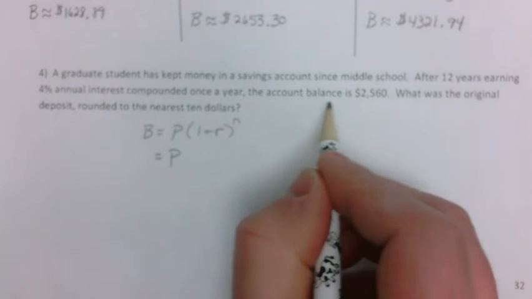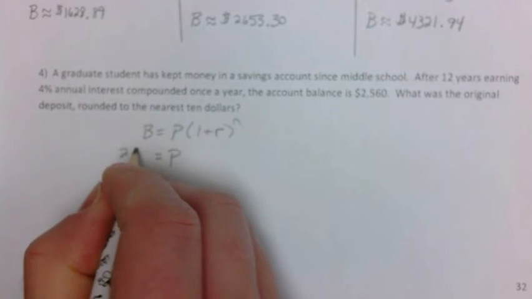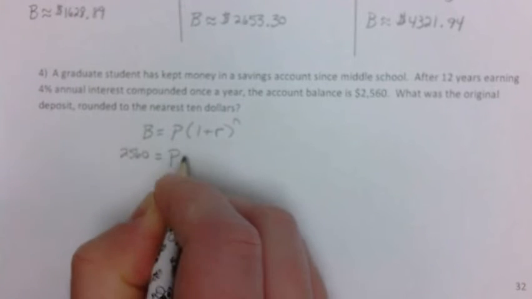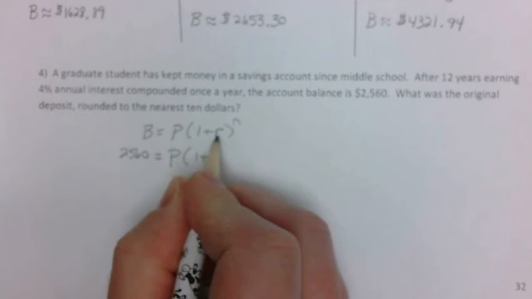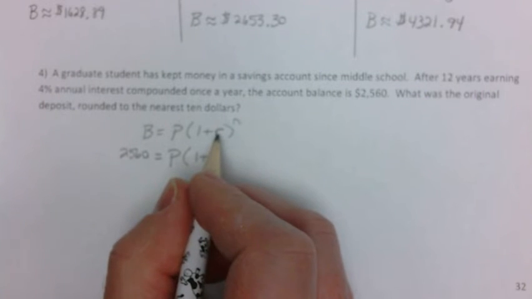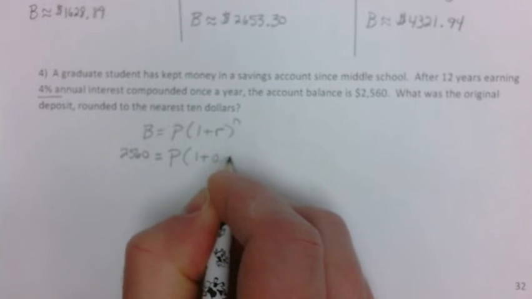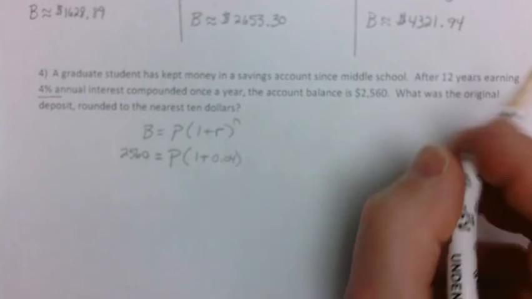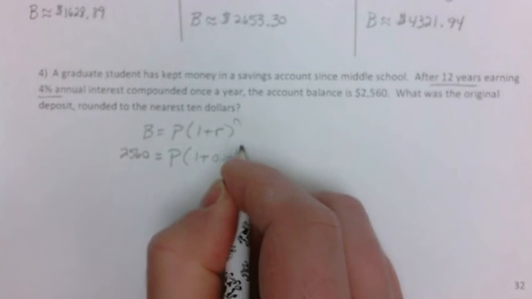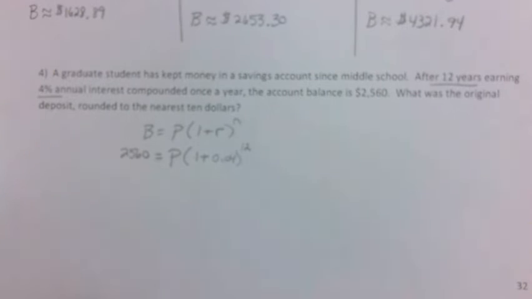They tell us that the account balance is $2,560. And 1 plus R, our interest rate. Okay, they tell us that the interest rate was 4%. As a decimal, that's 4/100ths. And they said after 12 years, so N, our exponent, is going to be 12. Okay, we're going to use this equation in order to figure out P, the principal.